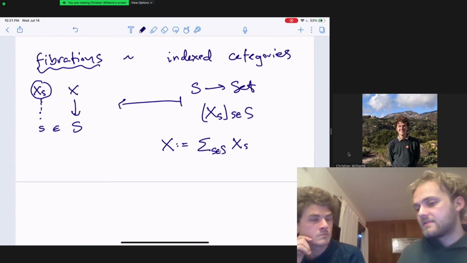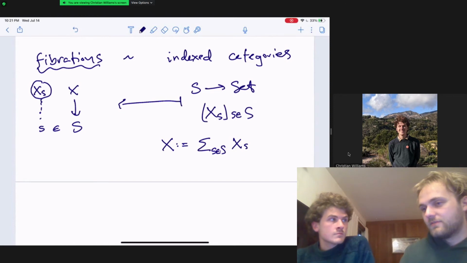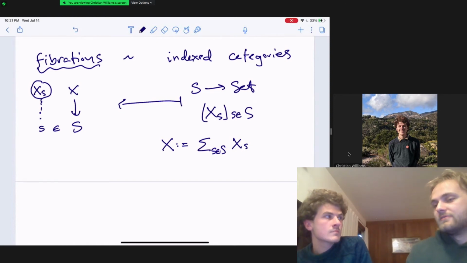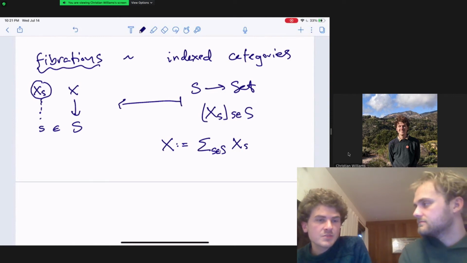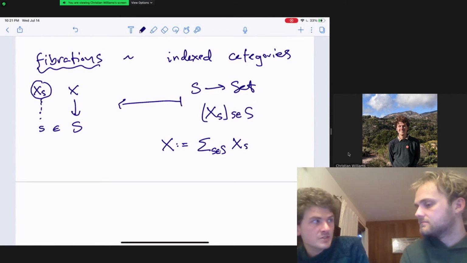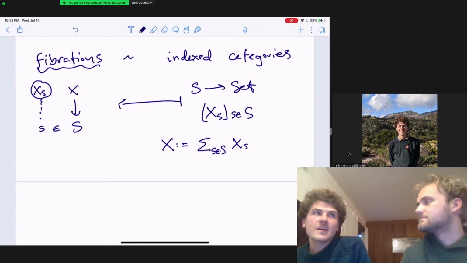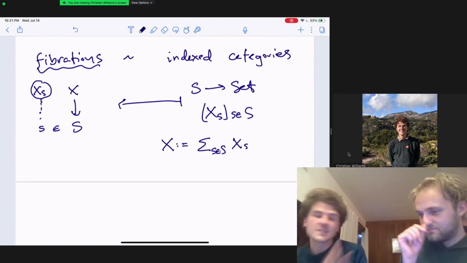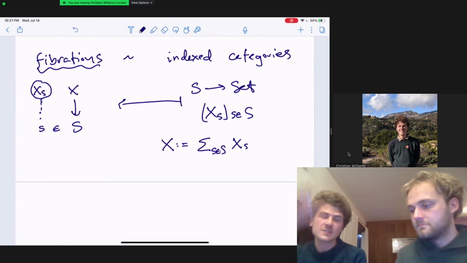What makes that category come from a pre-sheaf and not a general functor to Cat? Yeah, it's just a distinction between discrete fibrations versus general fibrations. The definition is that you can recognize them when you take any object and look at its fiber.